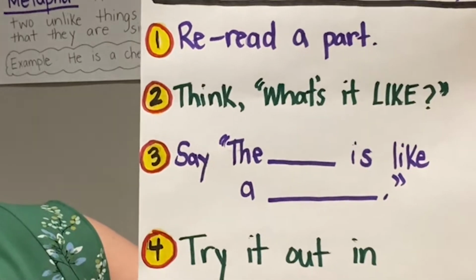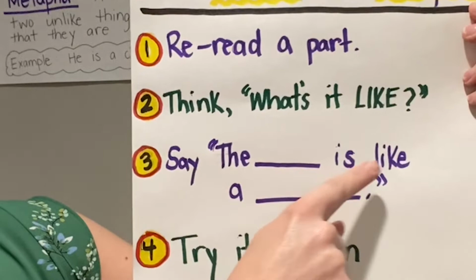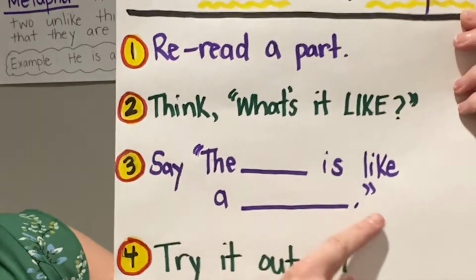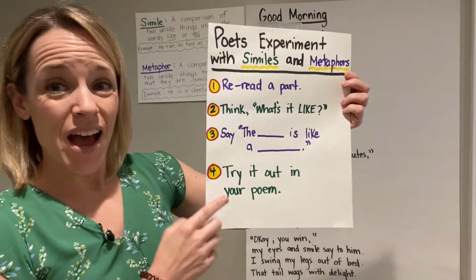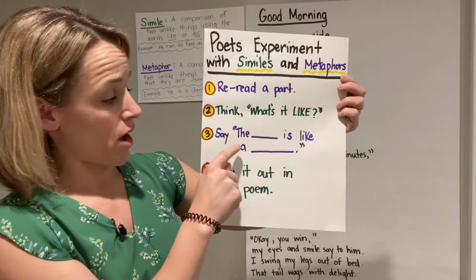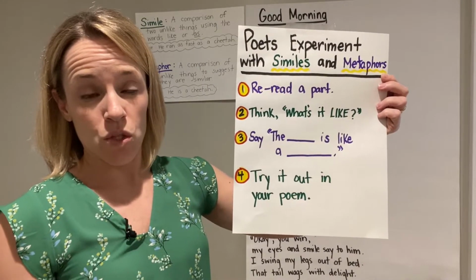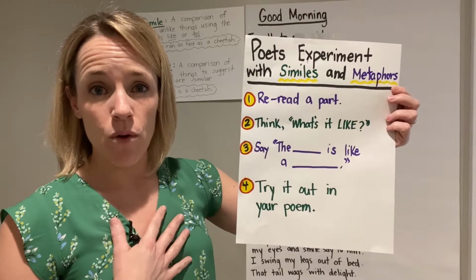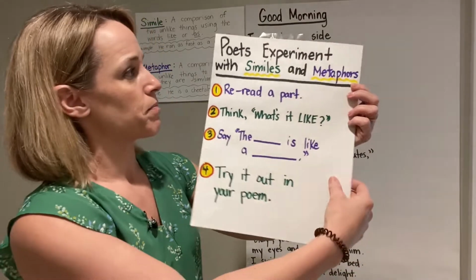What is it like? And then you can practice saying, the blank is like a blank. And then you can try it out in your poem. You can try it as a simile, including maybe like or as, or you can try it as a metaphor without that language. So I'm going to show you how I do this in my poem, and I'll try it in the form of a simile and a metaphor so you can see.